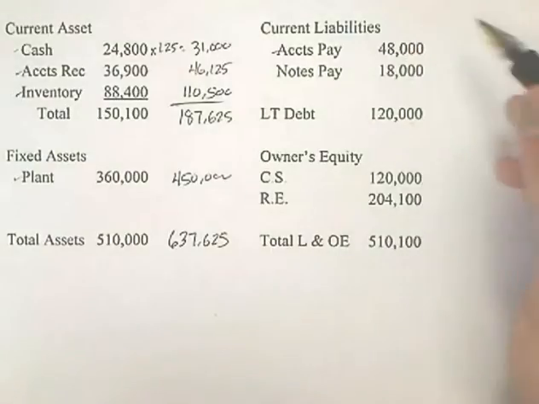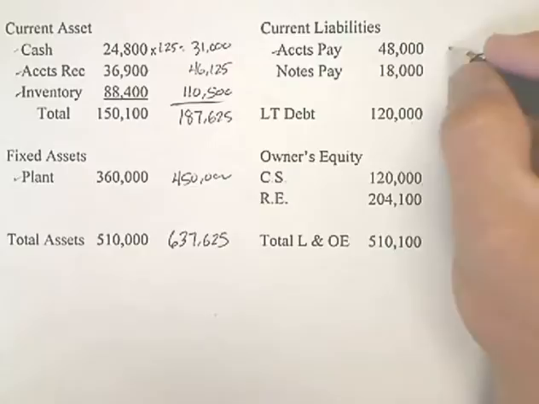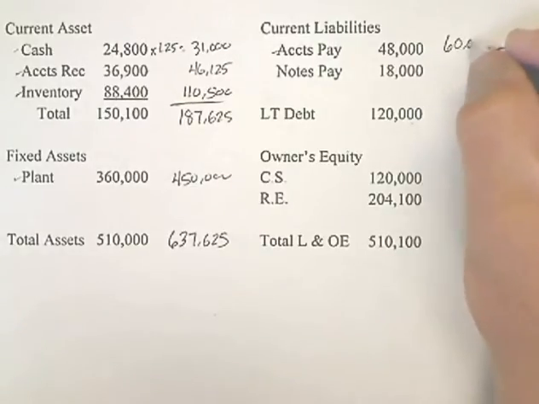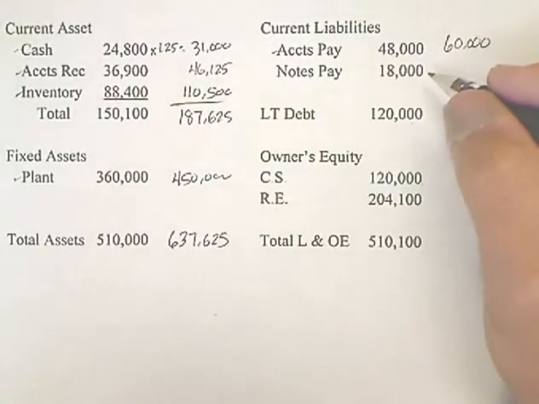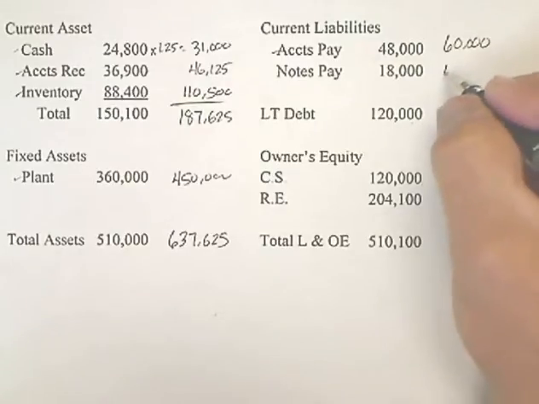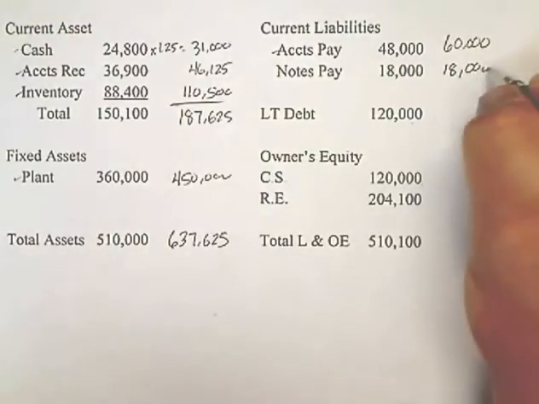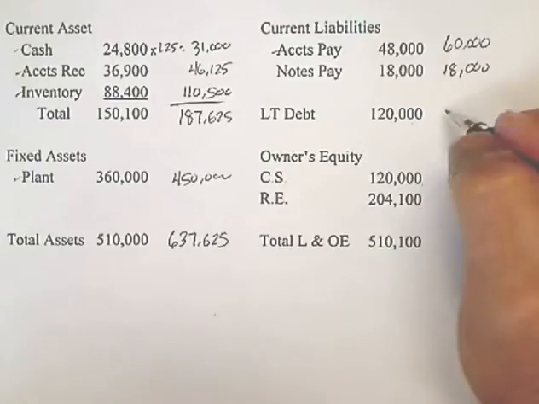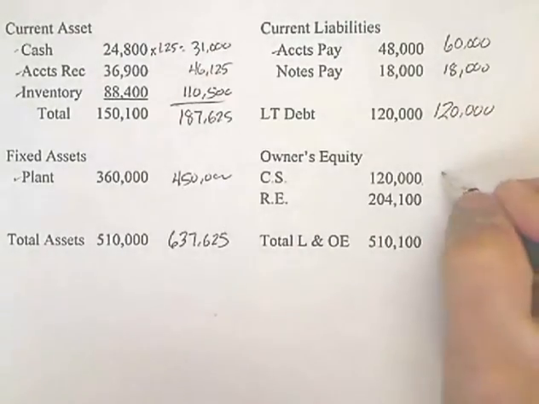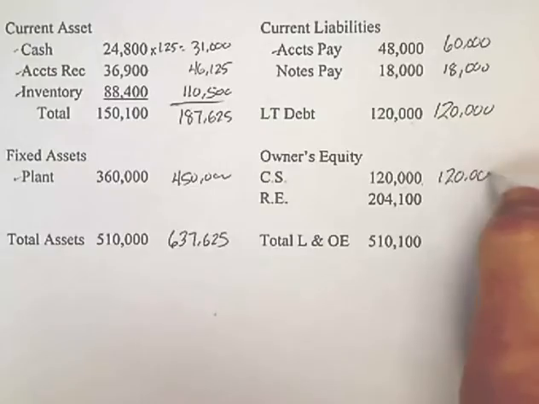Accounts payable, they are moving with sales, so they're going to rise to 60,000. Notes payable doesn't say anything about it, so we're going to assume it's unchanged. Sits at 18,000. Long-term debt also doesn't say anything about it, or says it's unchanged, so we'll leave it at 120. Common stock also 120.